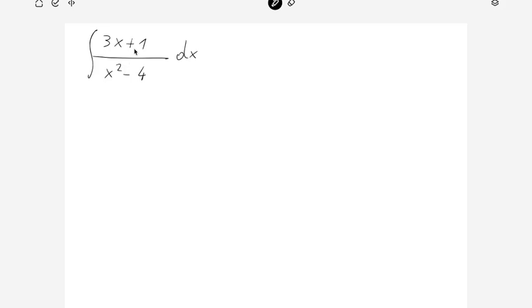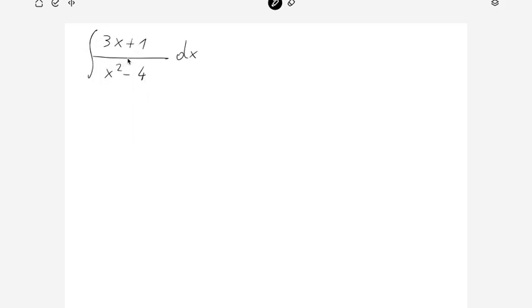Well, this is an integral of a rational function, and in order to solve it we need the degree of the numerator to be smaller than the degree of the denominator, but this is the case because we have degree 1 here and degree 2 here.